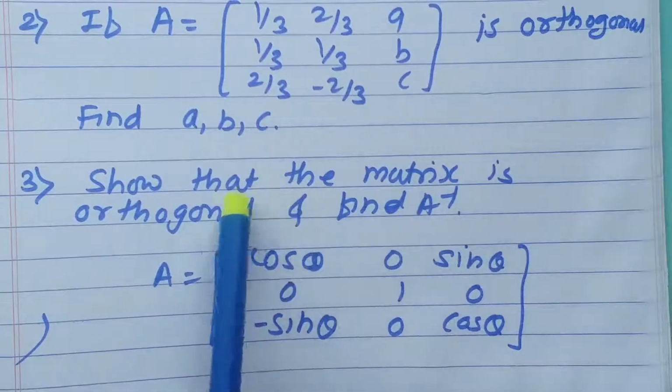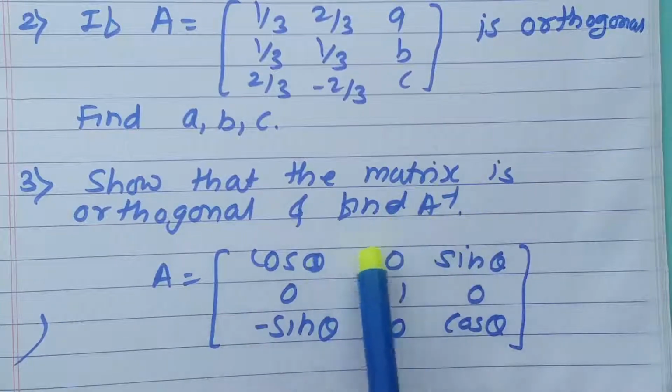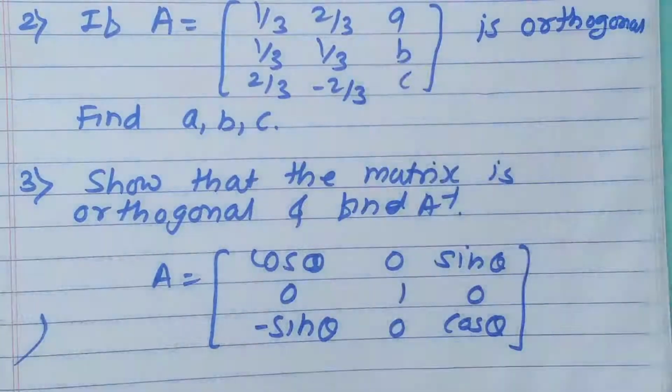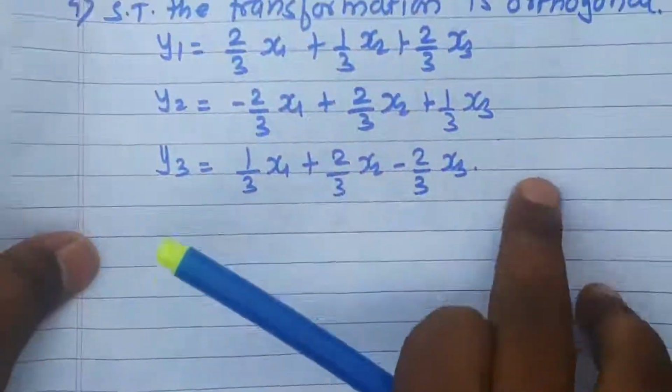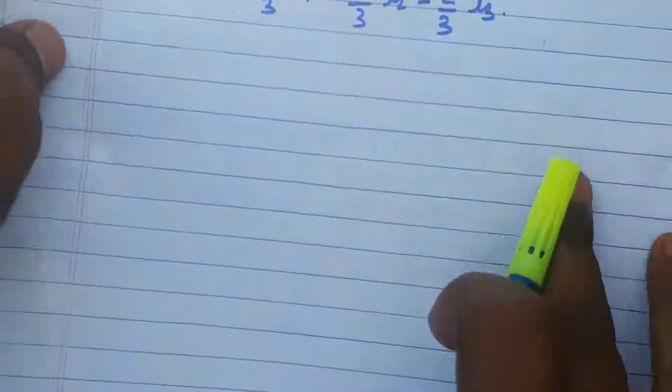If you know that the matrix is orthogonal, then A inverse can be obtained by simply taking the transpose of that matrix. One more example: show that this transformation is orthogonal, like the first example. I have written four examples and all of them are related to the orthogonal matrix definition. I'm going to do two examples here, and the remaining two you can do at home.